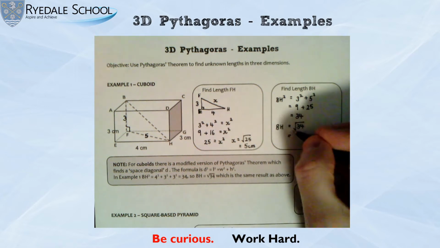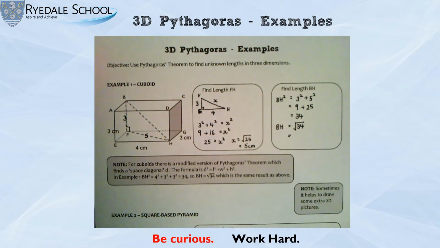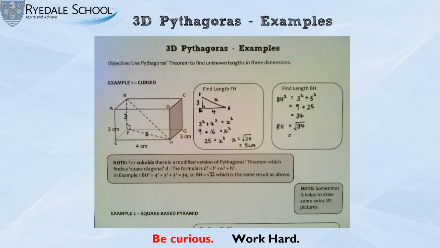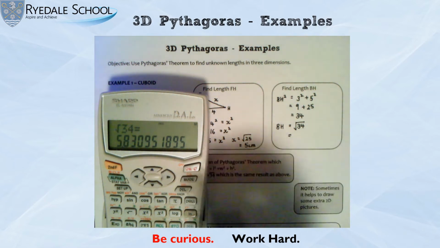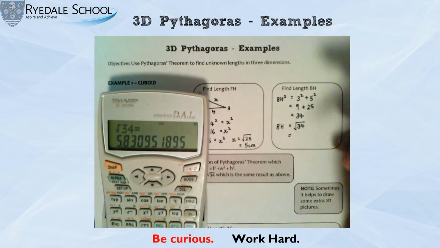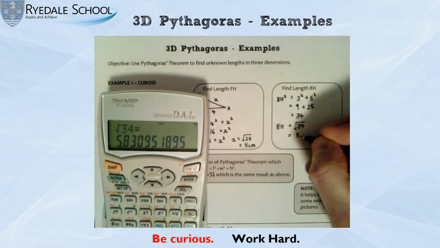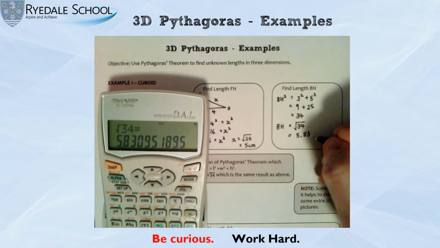Okay, that you might recall is called a surd, and the square root of 34 doesn't simplify. But if we wanted an answer to a decimal place, I could write this to 2 decimal places as 5.83.